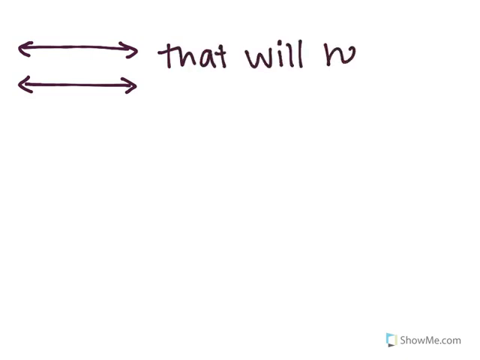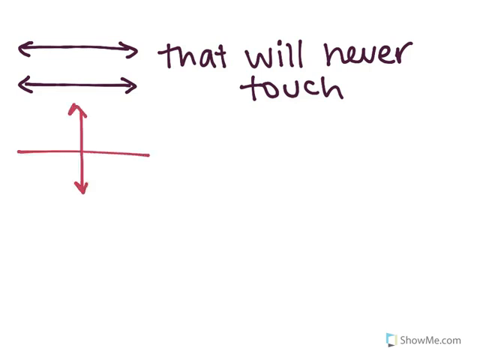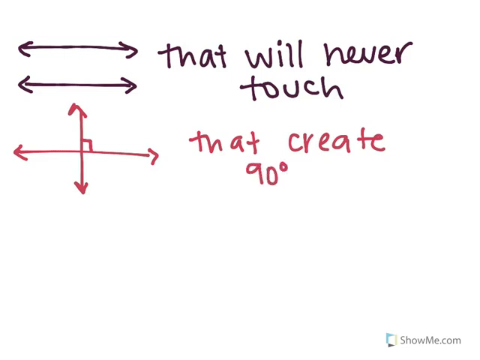Okay? So, when we have lines, you can either have the following. You can have parallel lines that will never touch. You could have perpendicular lines that create 90-degree angles, okay?